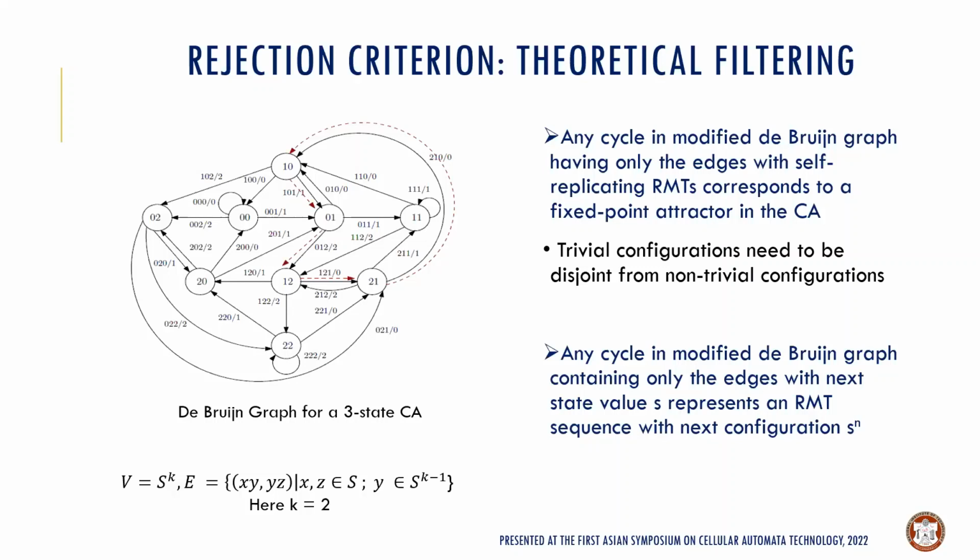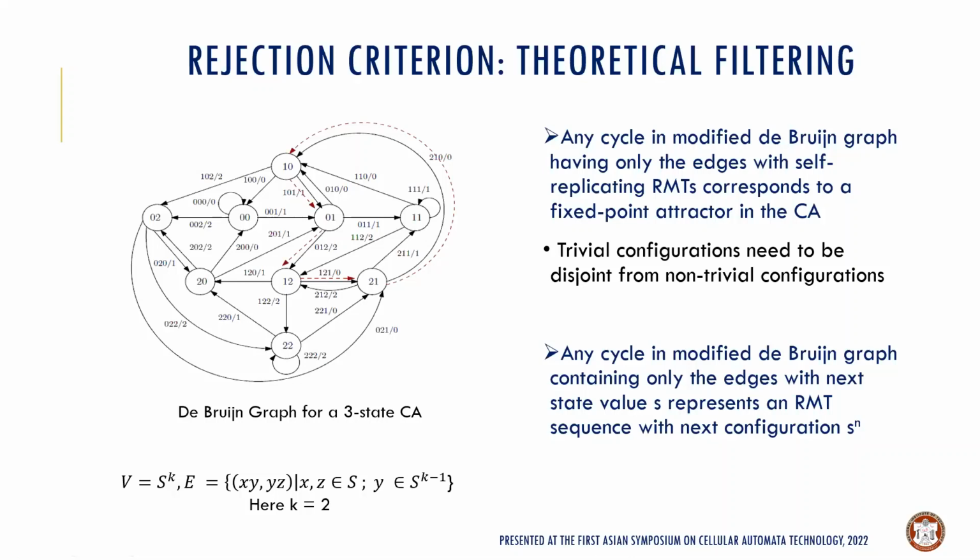So, for example, if we take just 0 edges, then in that graph, any cycle will represent a configuration, and if that configuration is a non-trivial configuration, then corresponding to that cycle, actually we are getting a trivial configuration as the next configuration.